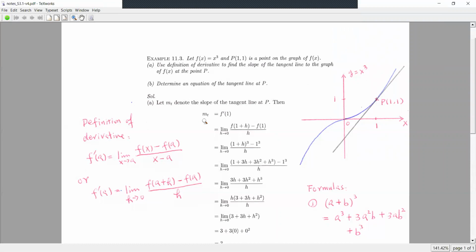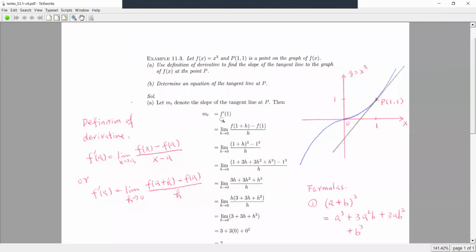By fact number 1, the slope of the tangent line at the point P is equal to the derivative of the function at the x coordinate of the point P. The x coordinate of this point is 1. So the slope of the tangent line at P is equal to the derivative at 1.